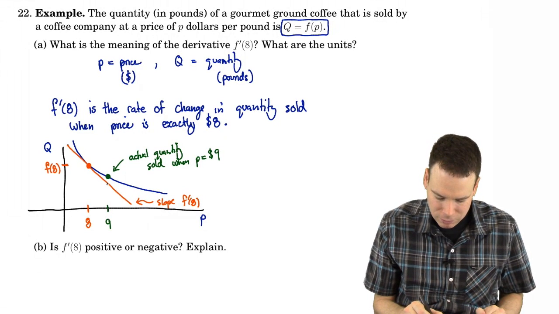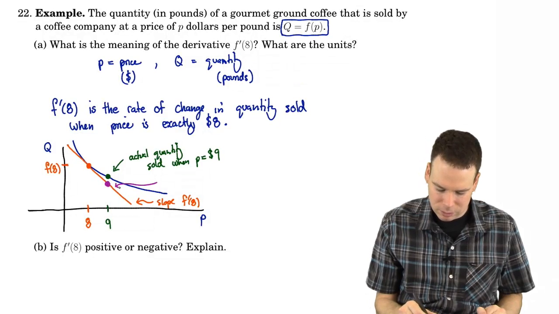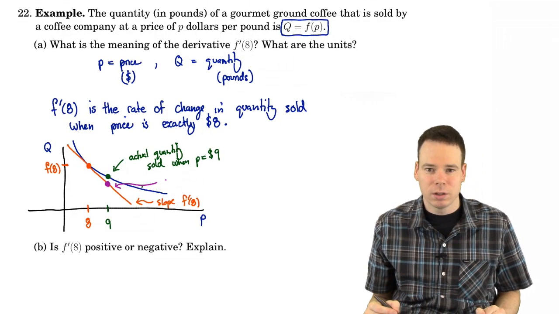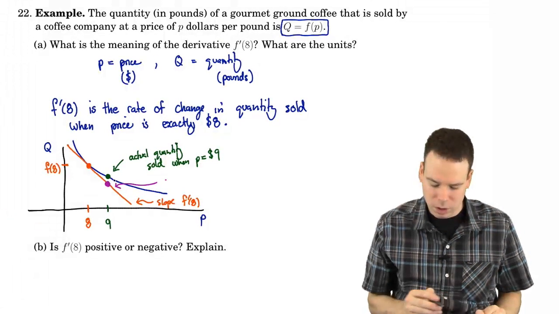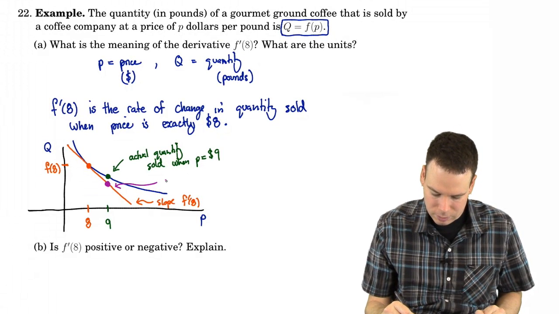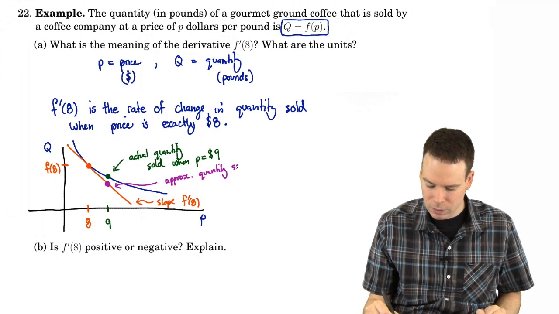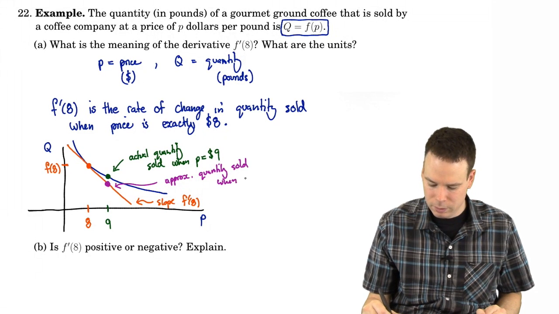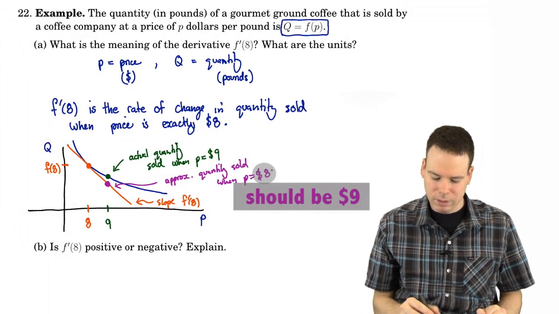Well, the tangent line is giving me an approximation. If the tangent line is a good approximation to the function near 8, then the points on the tangent line near 8 should be close to the points on the curve. So here, this is the approximate quantity sold when price equals $9.